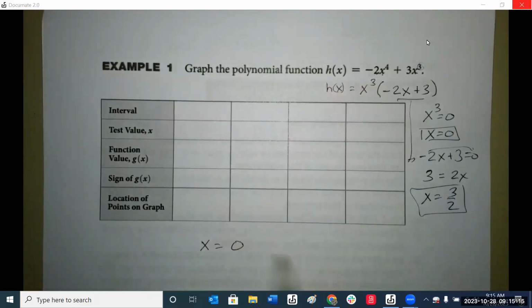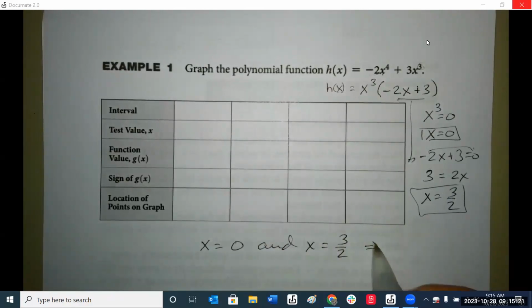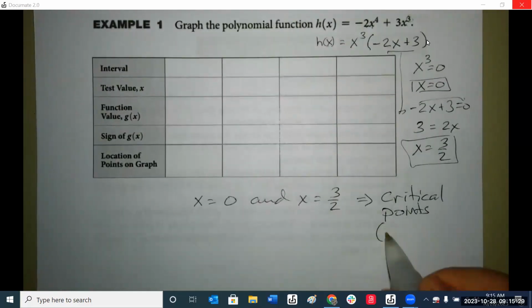X equals 0 and x equals 3 over 2 are called our critical points or critical values in calculus.